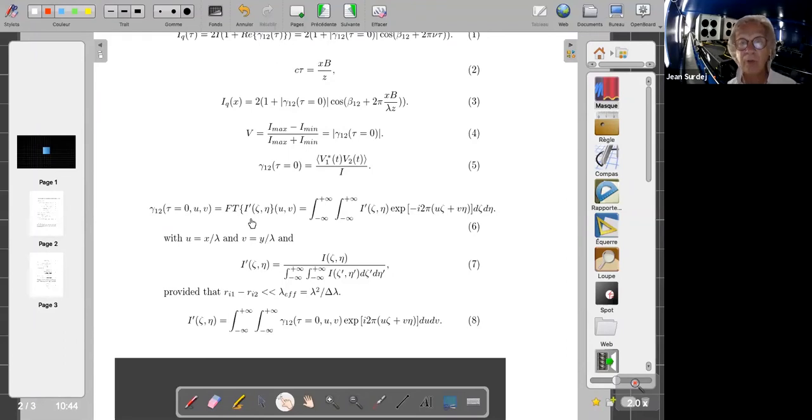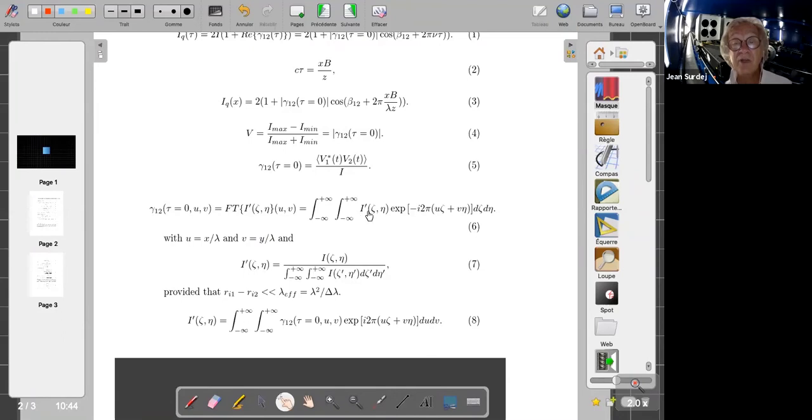And what we are interested in is to retrieve this expression with an angular resolution which is defined by the inverse of these space frequencies, which would be lambda over x and lambda over y. So you remember the baseline divided by lambda gives you the angular resolution of the interferometer.